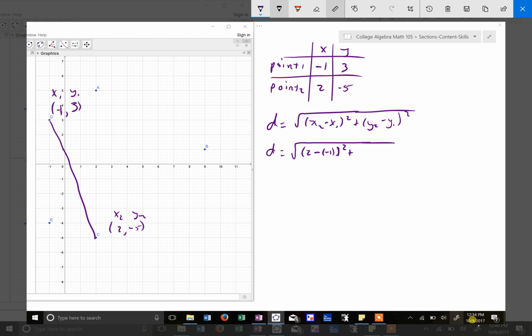Plus y2 would be this one here, a -5 minus 3 quantity squared. I get distance equals 2 minus a -1 is a +3. -5 plus a -3 becomes a -8. So I get distance equals the square root of 9 plus 64. Distance equals the square root of 73. And it's a little bit unfortunate because I was hoping to have to simplify radicals, but that doesn't work.